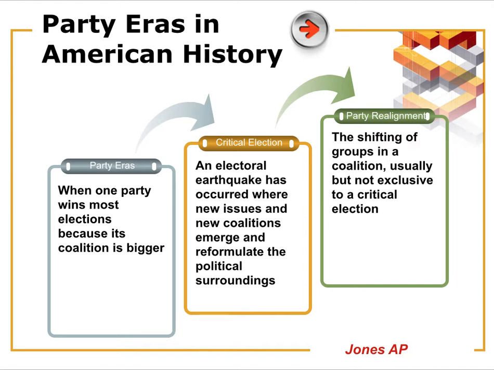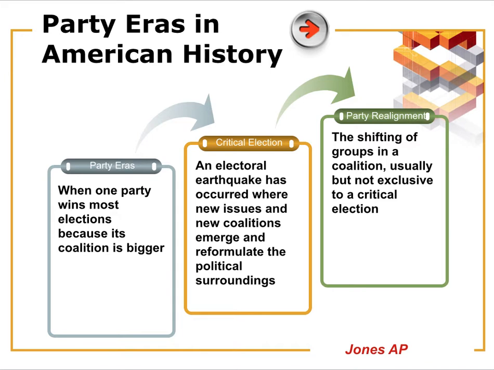And we haven't had one of those since 1968, but we have had many small electoral earthquakes: 1994, to some extent, 2010 and 2014. But what happens is new issues emerge, new coalitions come together, and they reformulate the political surroundings. The clearest example of that would probably be 1932.